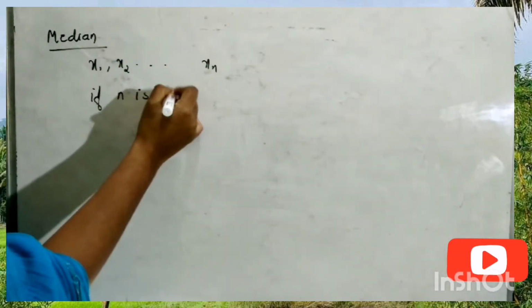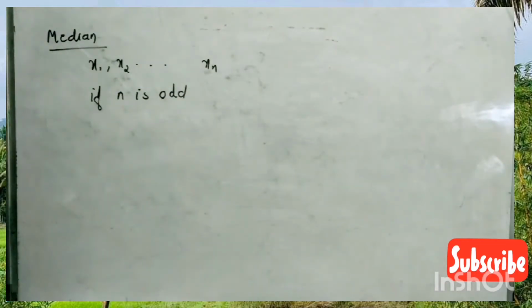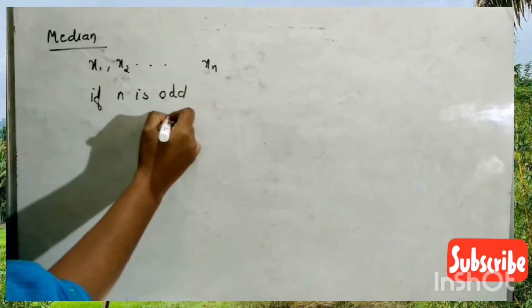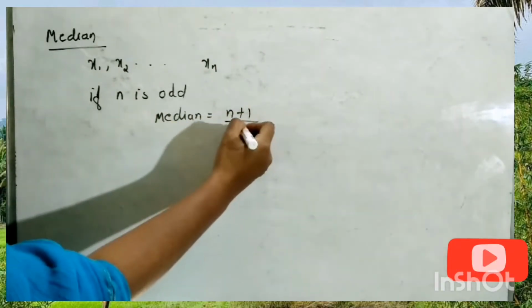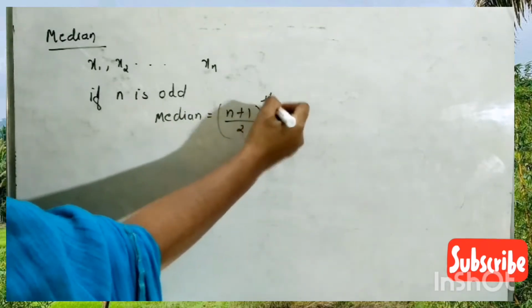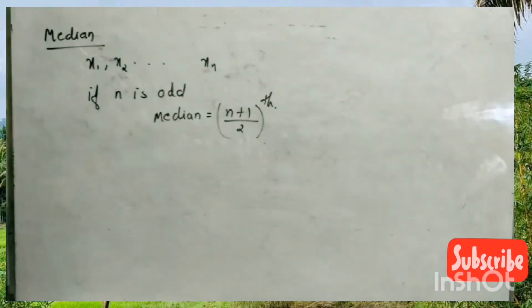If n is odd, then median is equal to (n plus 1) by 2th observation.